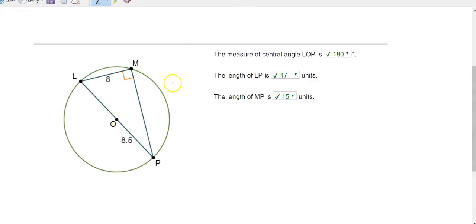Here are the values that you're given. The first question is, what is the measure of central angle LOP? Well, since angle LOP forms a straight line, that's where that 180 comes from. Because this is a straight line, or also referred to as a straight angle.